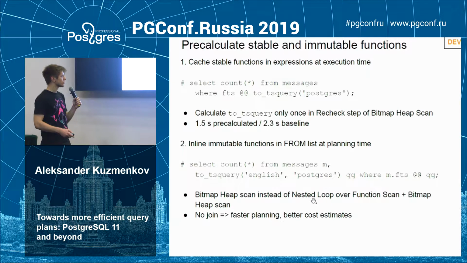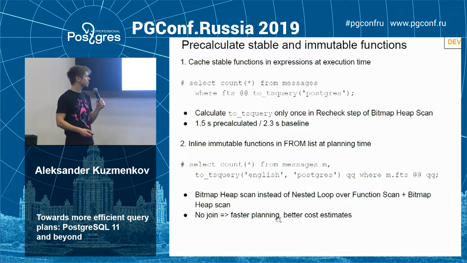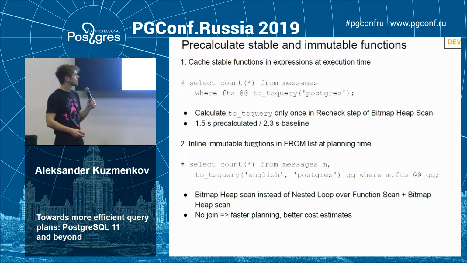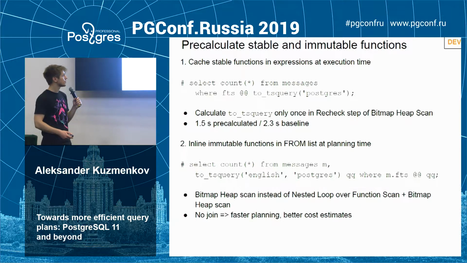If it is immutable, we can just discard this join and inline it at the planning stage. And when we have no join, it's always better because we have faster planning and better cost estimates, and this is the second patch under development.